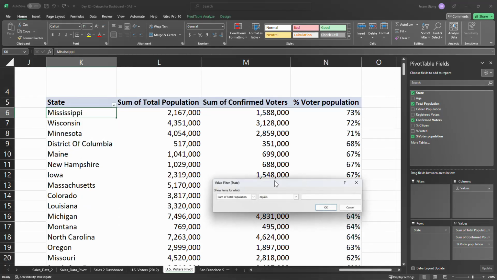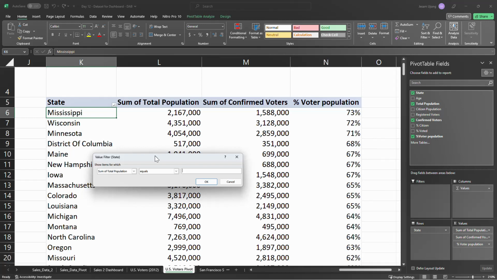Let me try that. Yeah, so values filter. Sum of total population, no. Percentage voters population, and I'll put is less than 55%.